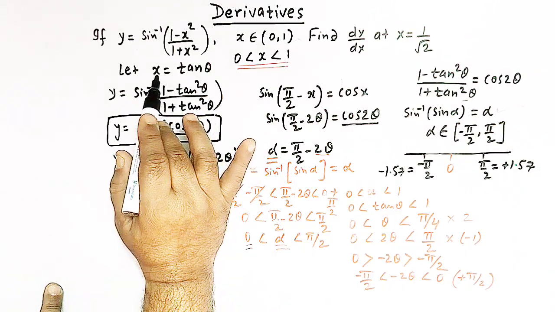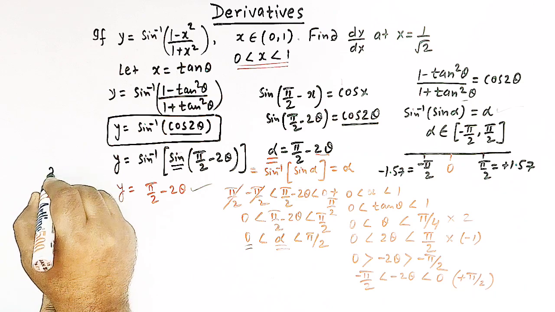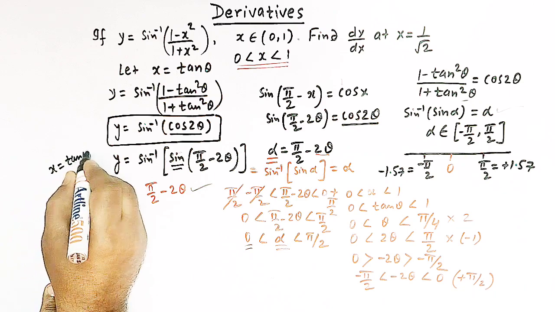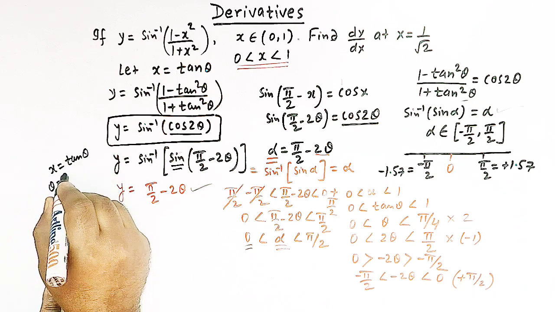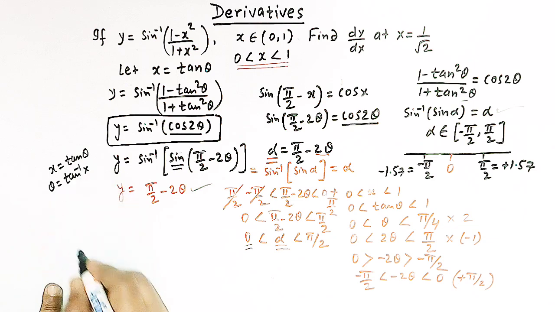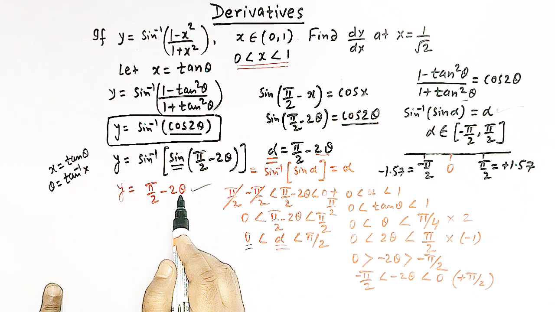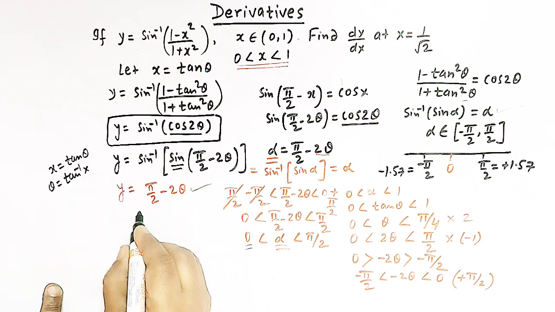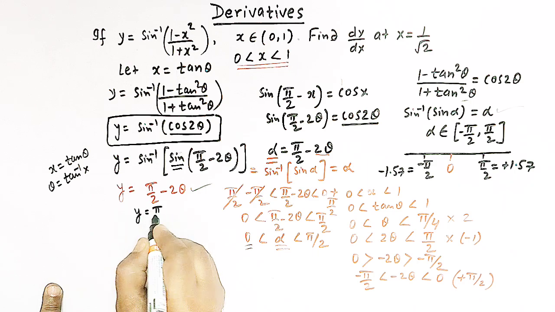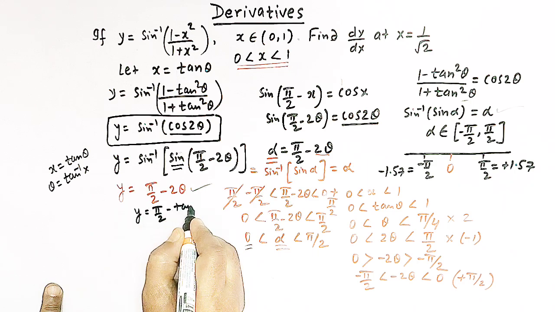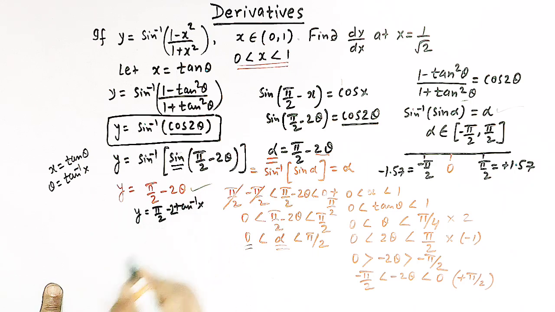So now from this expression x is equal to tan theta, we can write theta is equal to tan inverse of x. So substituting for theta as tan inverse x, we have y is equal to pi by 2 minus 2 tan inverse x.